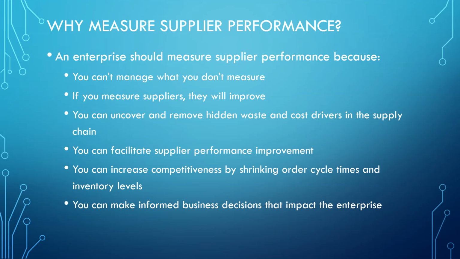Now it's seamless, so you can receive it with accuracy and ship it directly to the customer. You can make informed business decisions that impact the enterprise, not to mention the effect on inventory and warehousing operations.